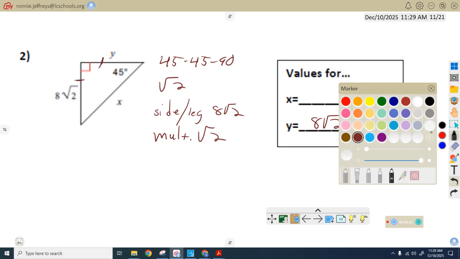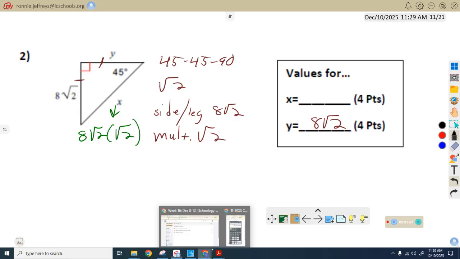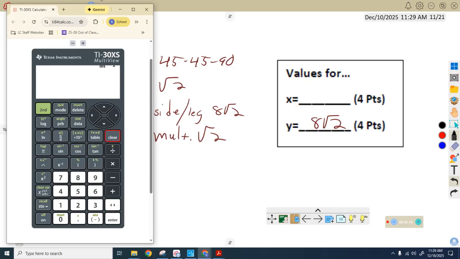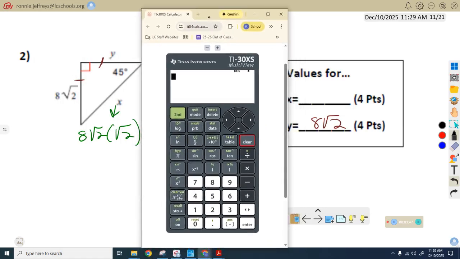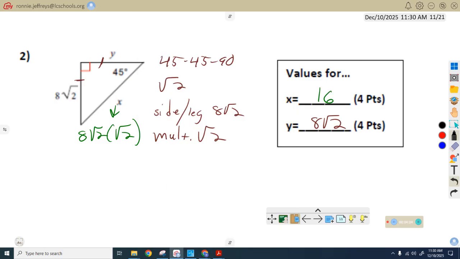To find x, this is 8 root 2 times root 2, which is 16.